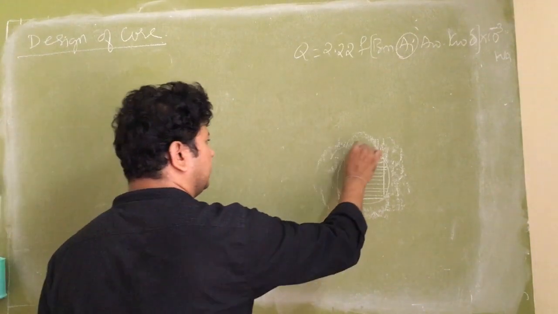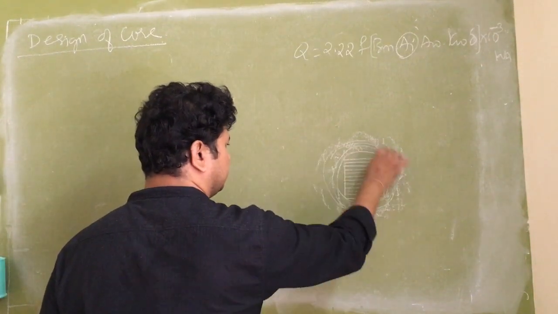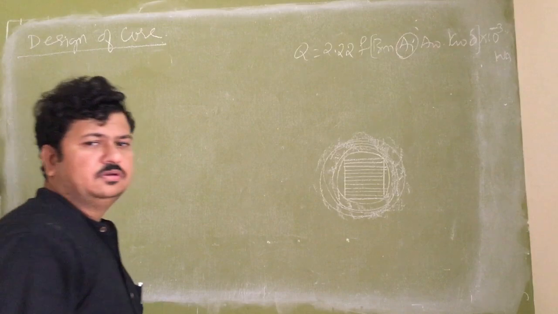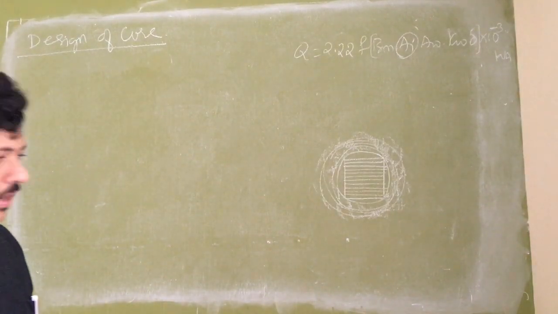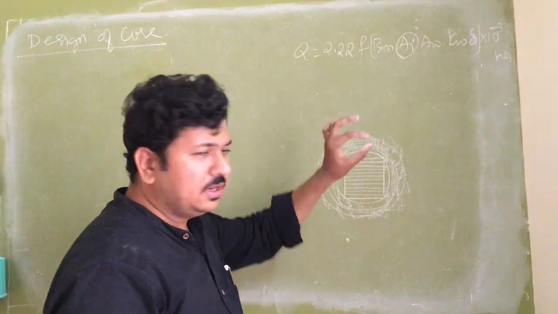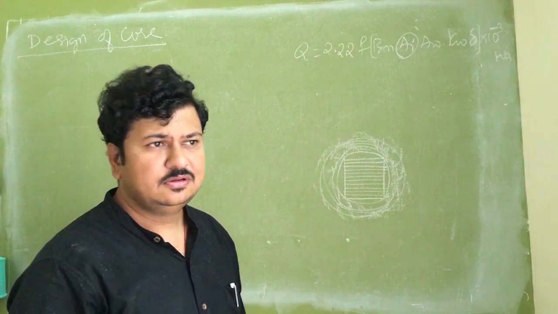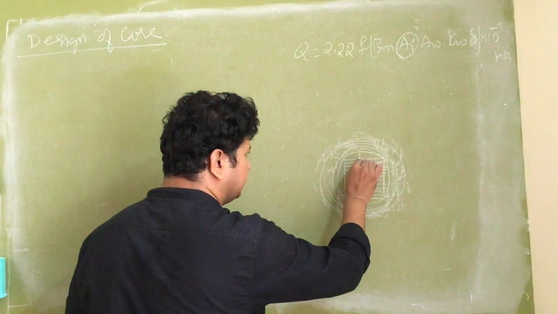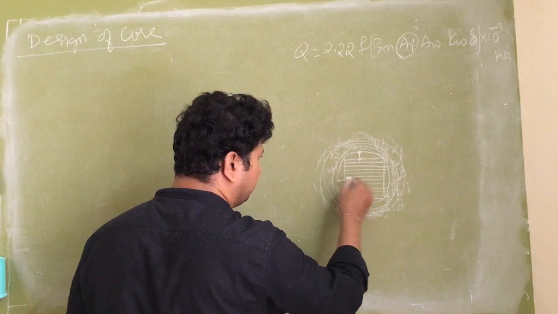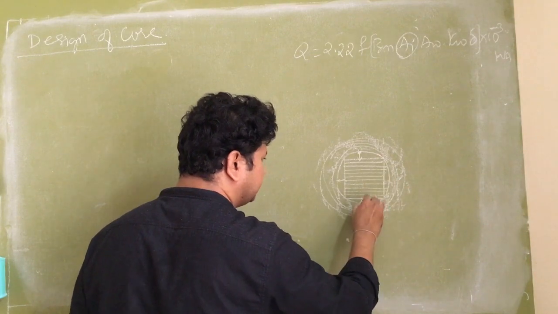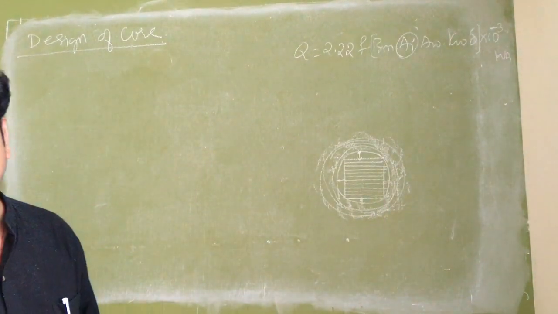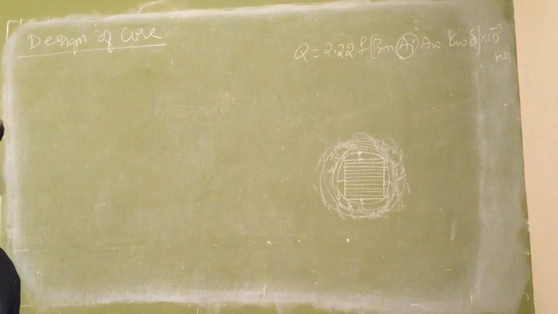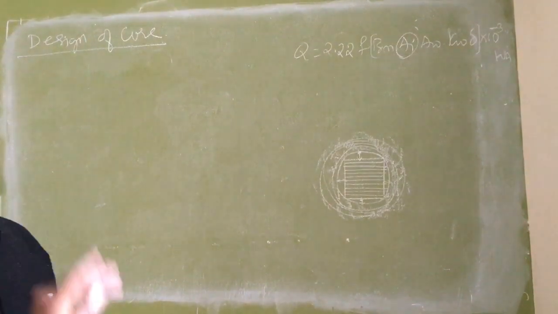So this is the winding. Now if the area of the circumcircle is not fully utilized, there will be a large amount of space filled with air, which will increase the leakage flux of the transformer.